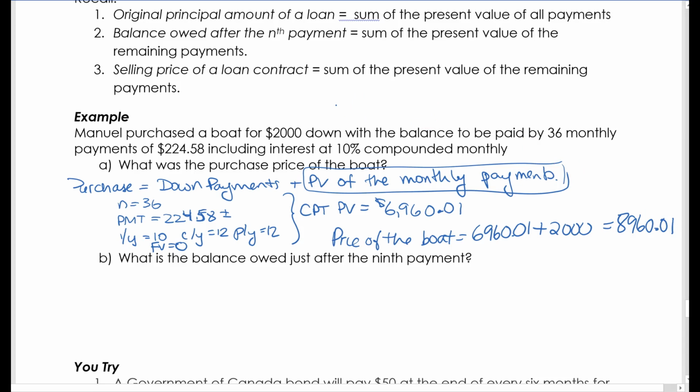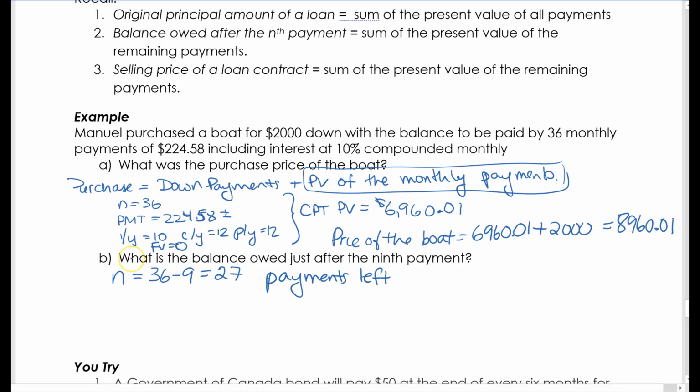What was the balance owed just after the 9th payment? There are 36 payments, and after the 9th payment there are 27 payments left. We want to find the present value of that annuity.